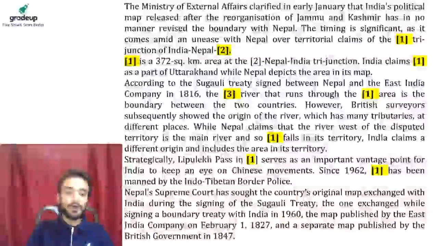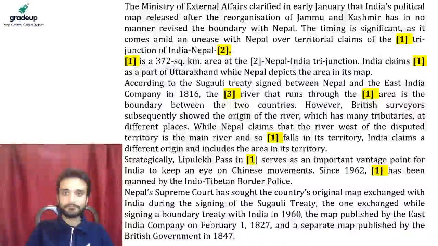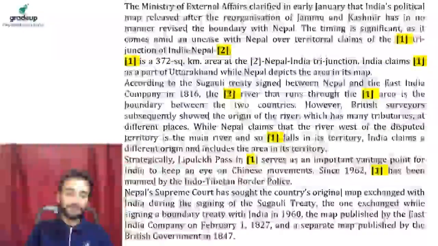I will give you another 35 to 40 seconds to read this passage. Read the passage very, very carefully.